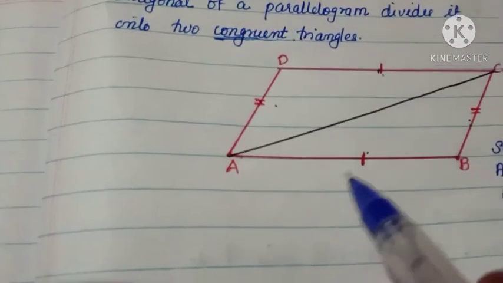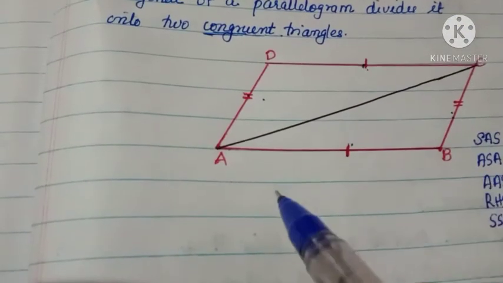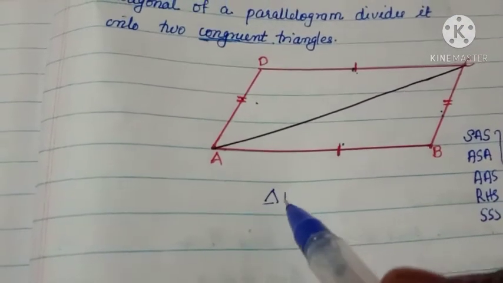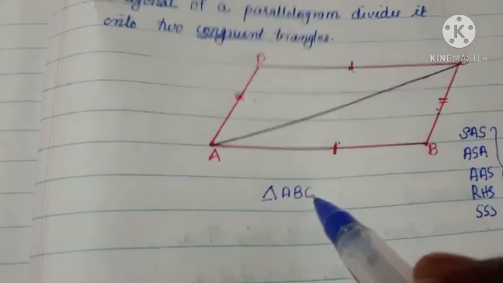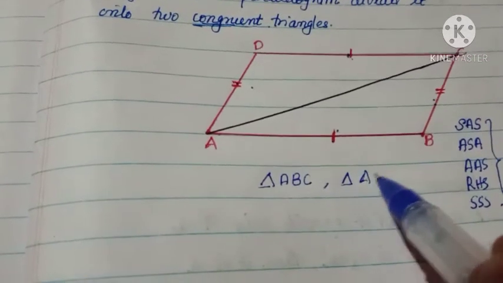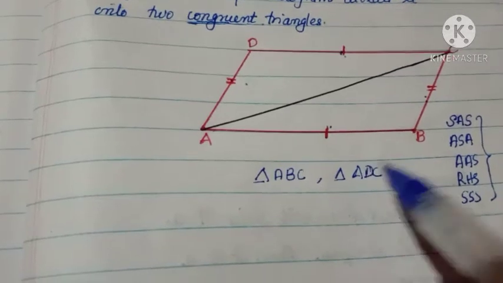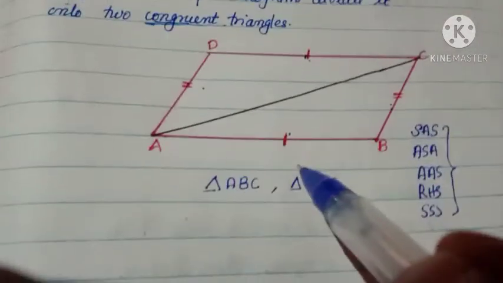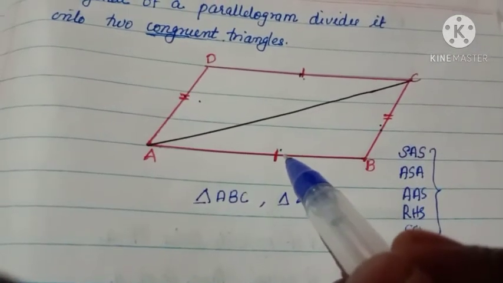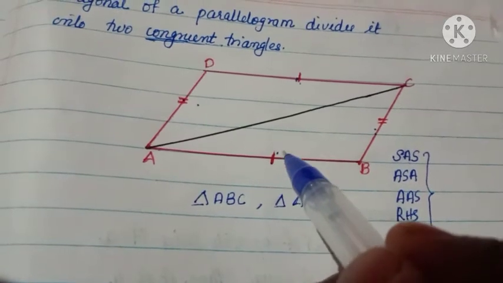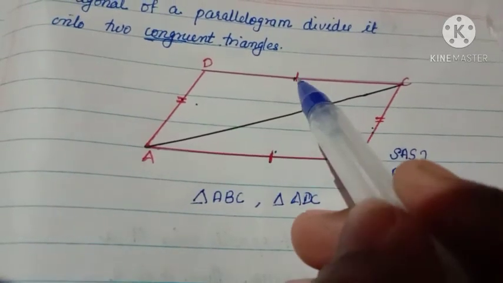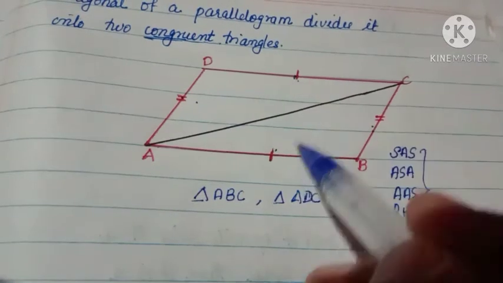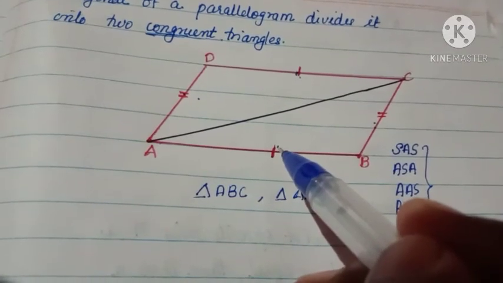So let's consider these two triangles, triangle ABC and triangle ADC. Now listen, in these triangles, AB and CD are equal, isn't it?